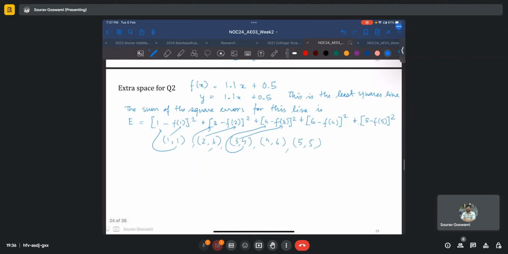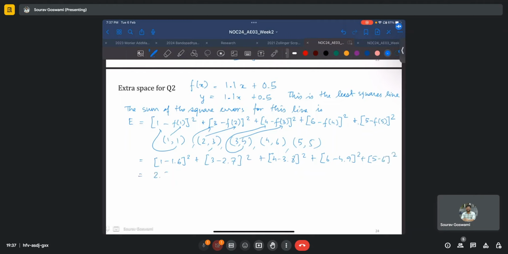And this will in fact turn out to be 1 minus 1.6 squared, plus 3 minus 2.7 squared, plus 4 minus 3.8 squared, plus 6 minus 4.9 squared, plus 5 minus 6 squared.